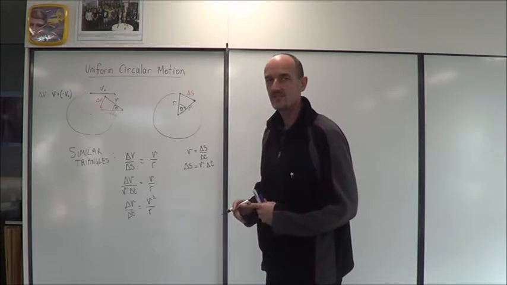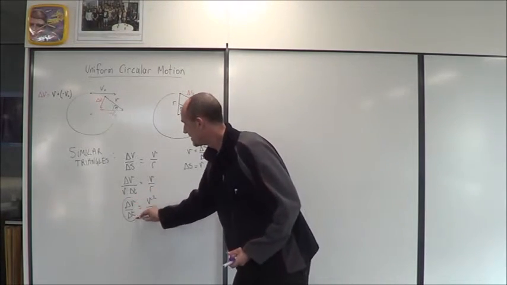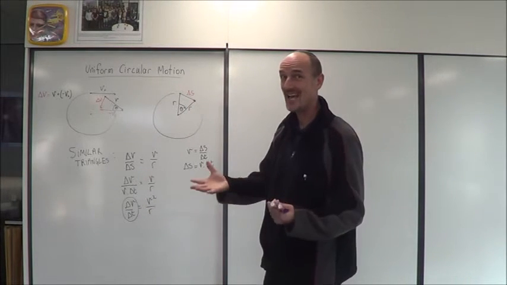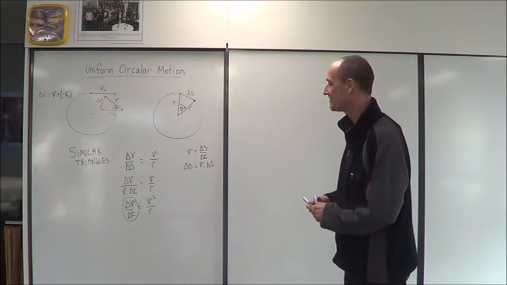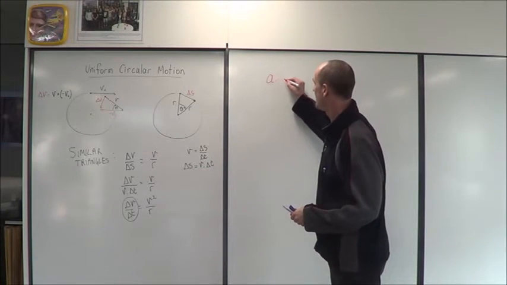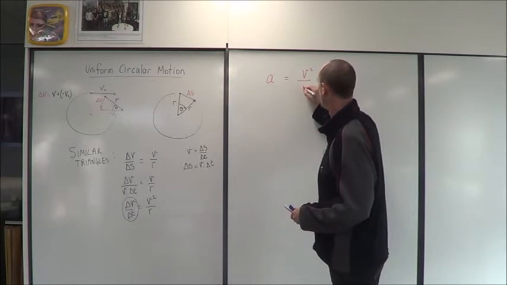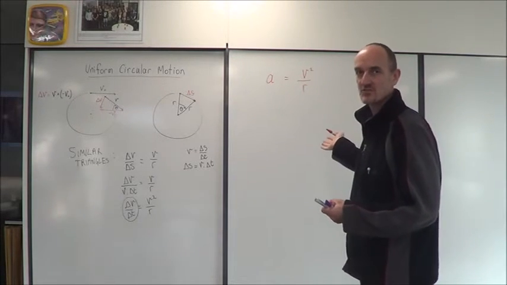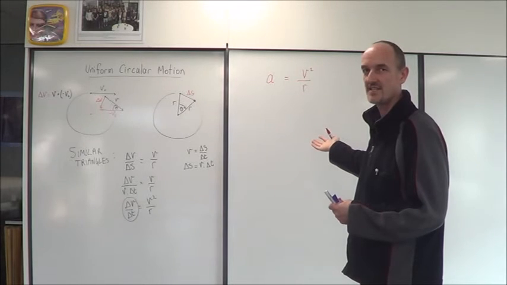And we get this expression V squared on R. Of course, hopefully you recognise this now, delta V over delta T, as the acceleration. So we end up with this formula here, a equals V squared on r, where V is the tangential speed of the rotating object, and r is the radius of rotation.